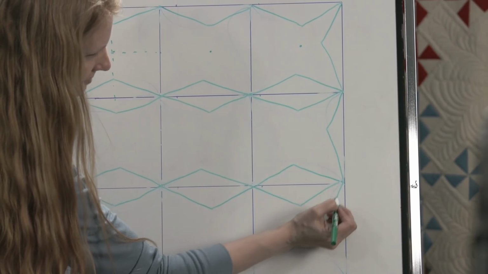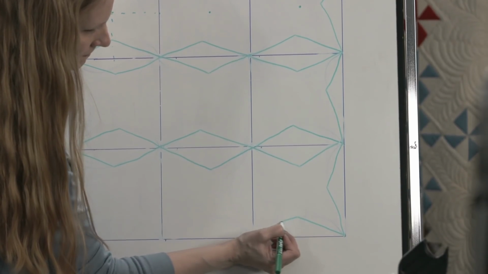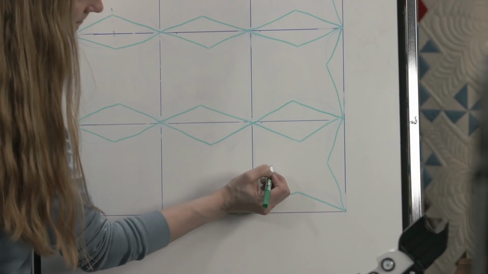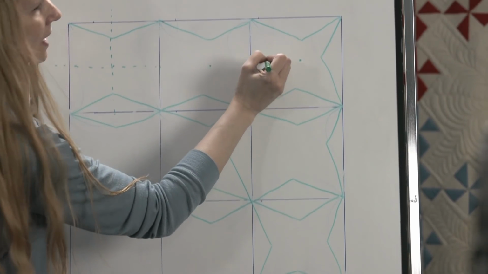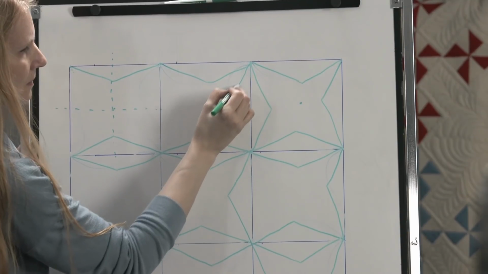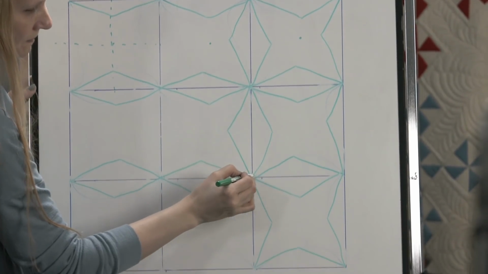Again, look at where you're aiming for, not where you're at. Right. And so this one you really are aiming for that center point and then for the crossing point. Exactly. So right there, center, right there.